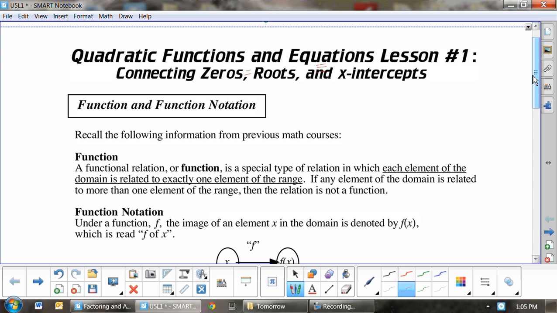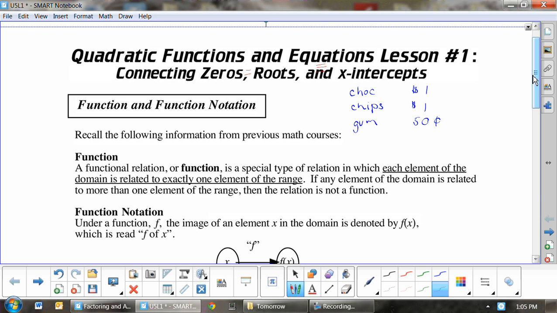So a function is like a vending machine because if we have one chocolate bar, we can say it's equal to $1, and we can have a bag of chips equal to $1, and we can have a pack of gum equal to 50 cents.